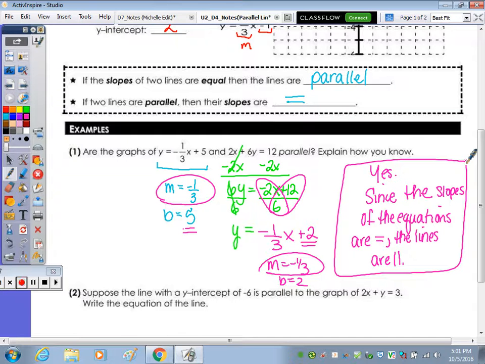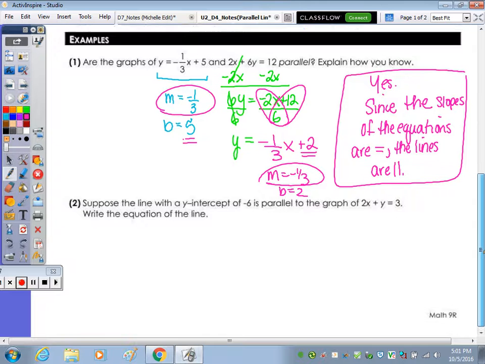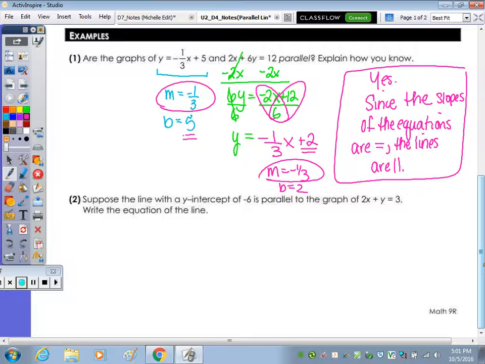So solve them both for y in terms of x, put them in the form y equals mx plus b, and then take a look at the slope.